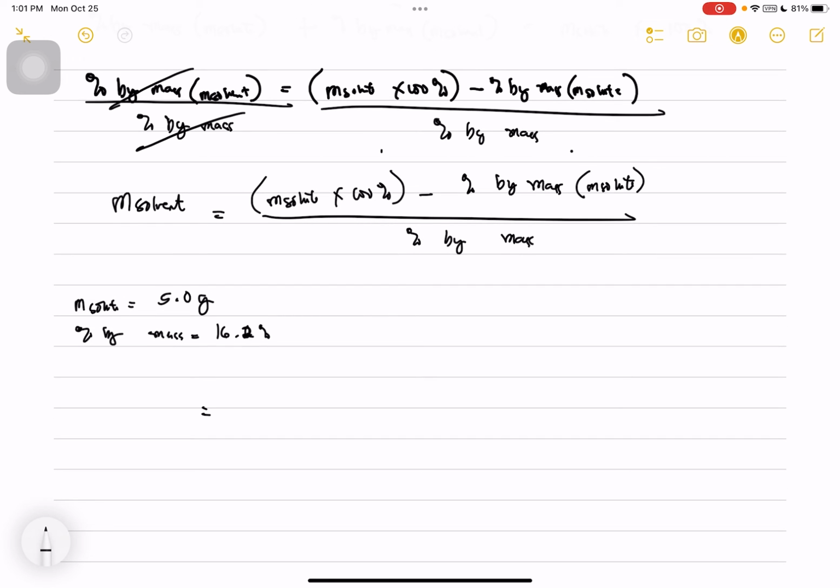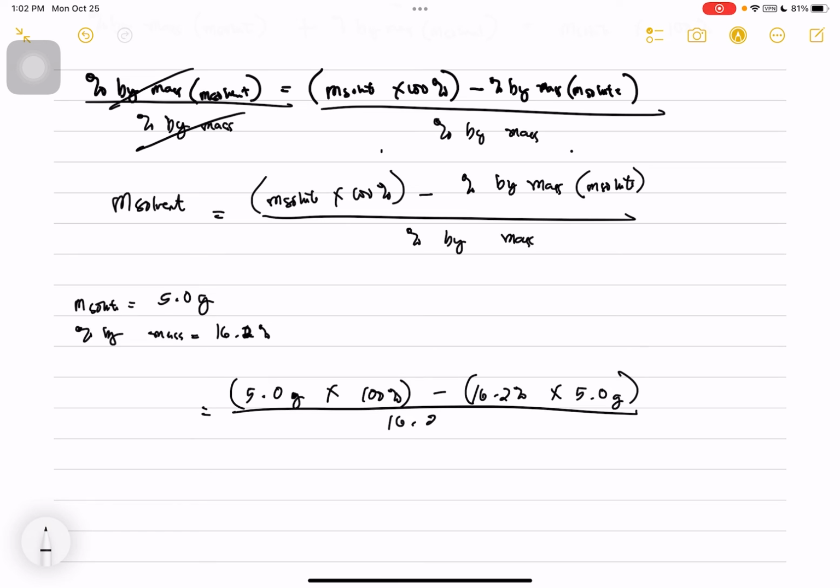We will have the mass of solute is 5.0 grams times 100% minus the percent by mass is 16.2% times the mass of solute again, which is 5.0 grams, divided by the percent by mass, which is 16.2%. Now what is 5 times 100%? We will have 500 grams percent minus 16.2% times 5.0 grams.